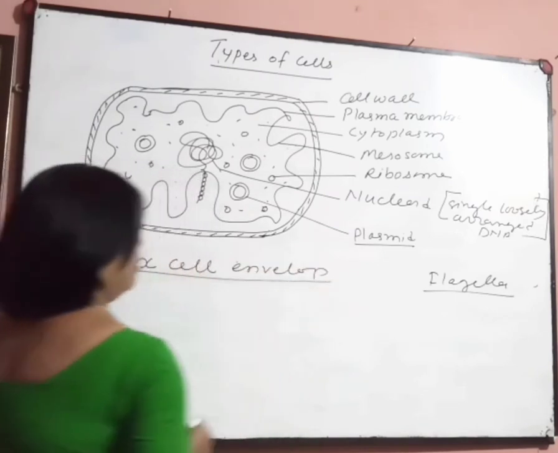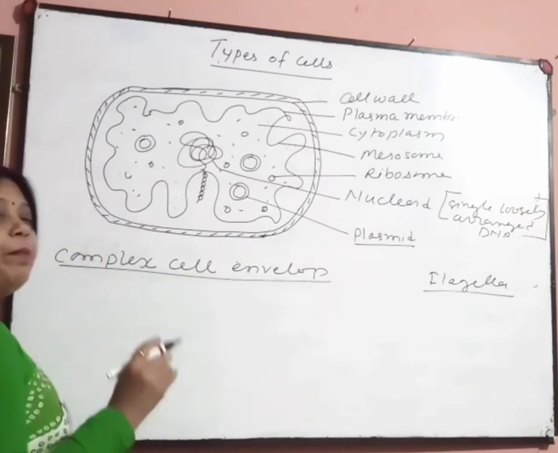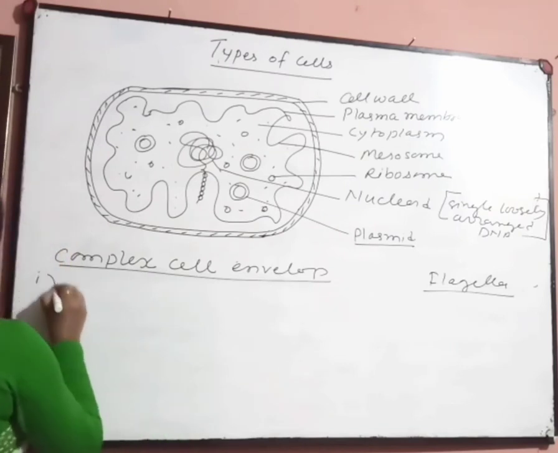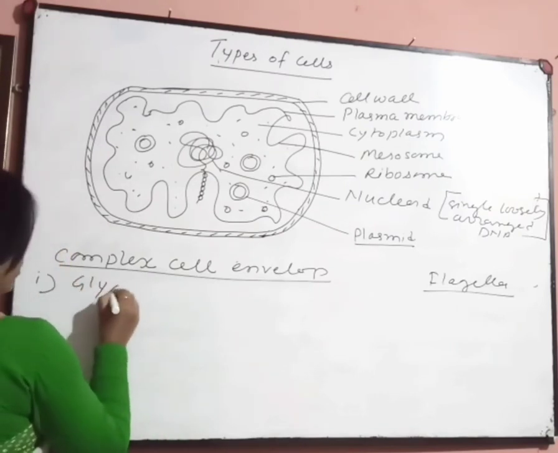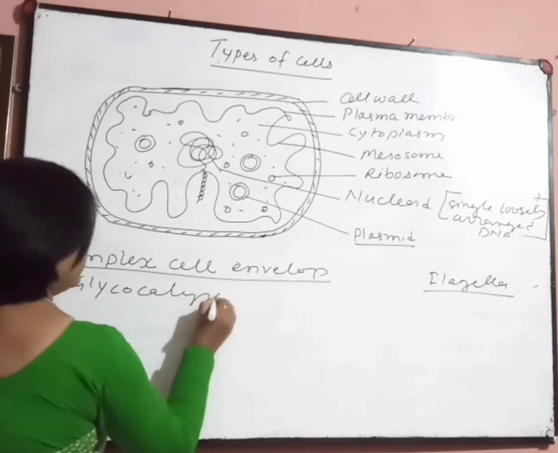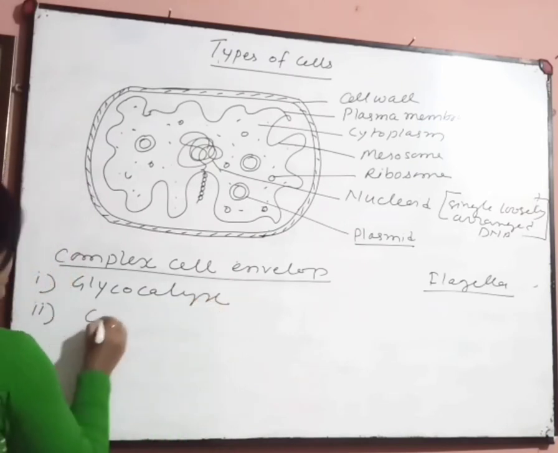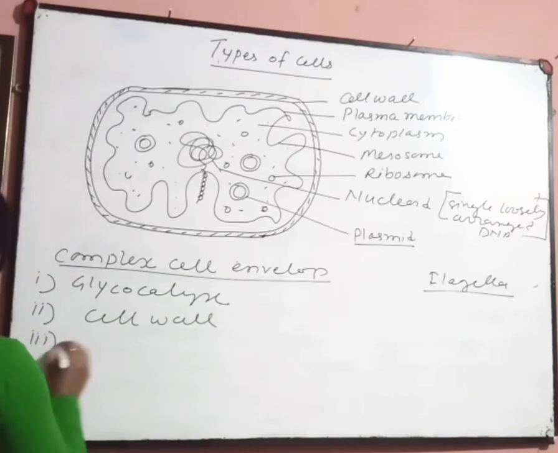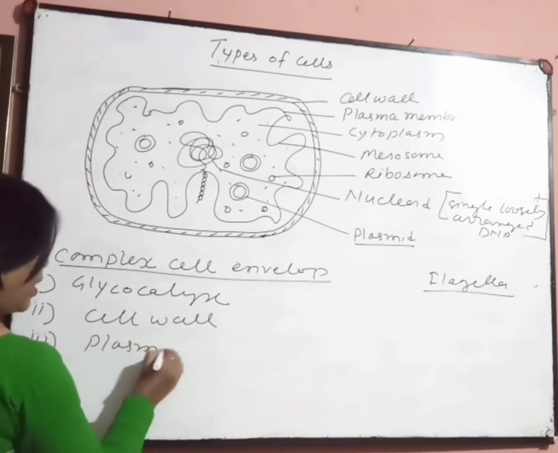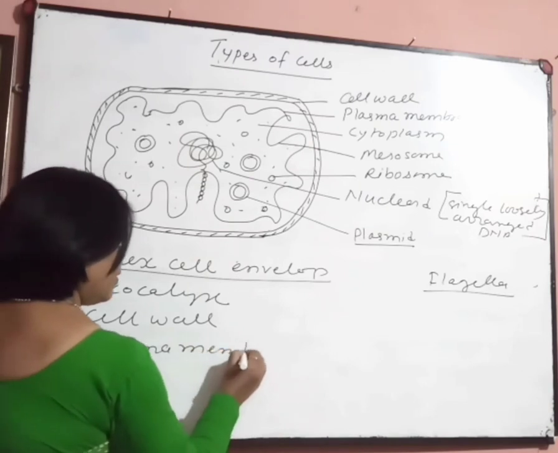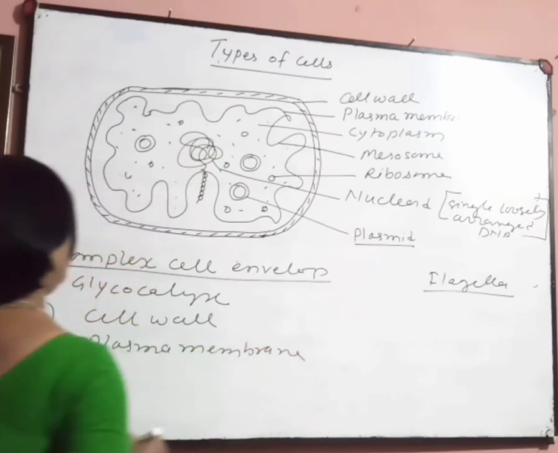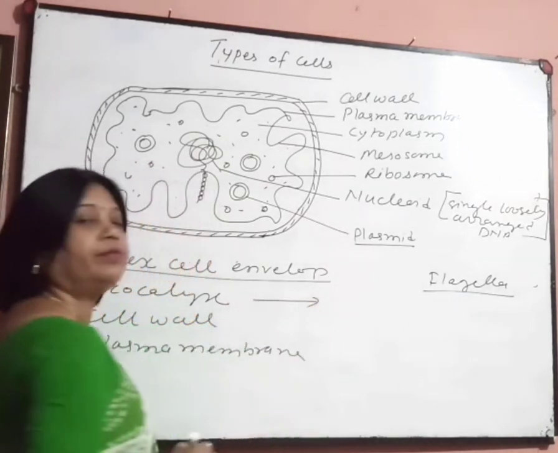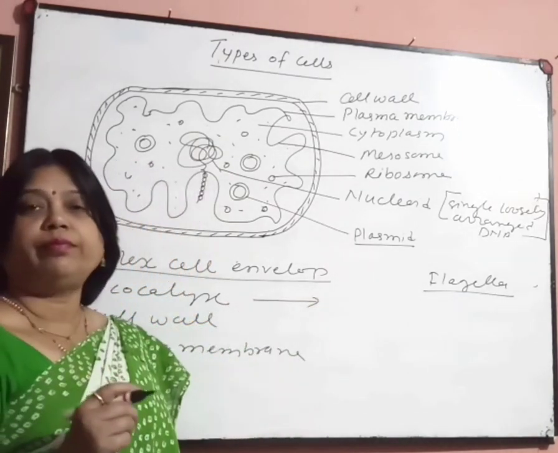And this cell envelope is made up of 3 layers. The first layer is glycocalyx. Second is cell wall. And third is plasma membrane. Glycocalyx is of 2 types.